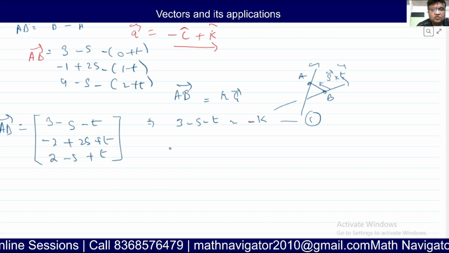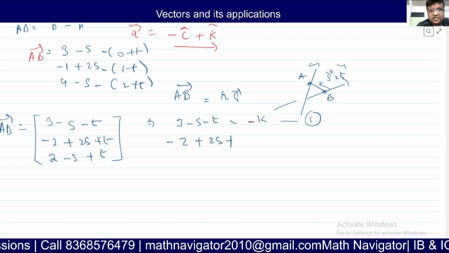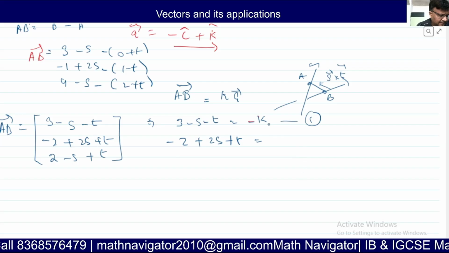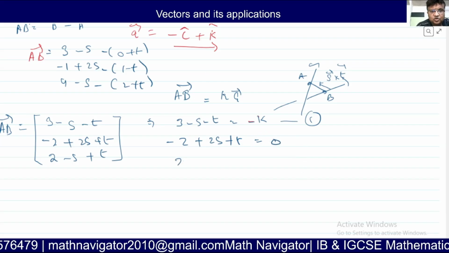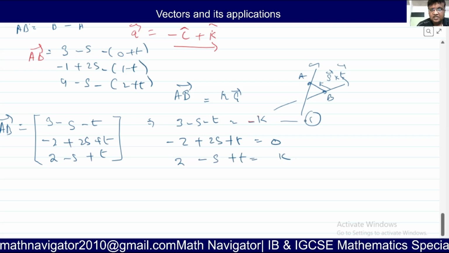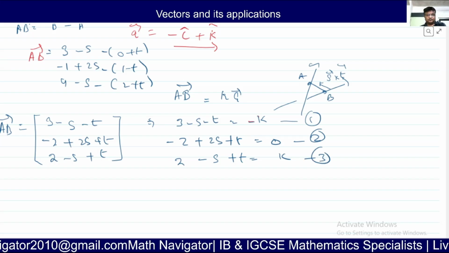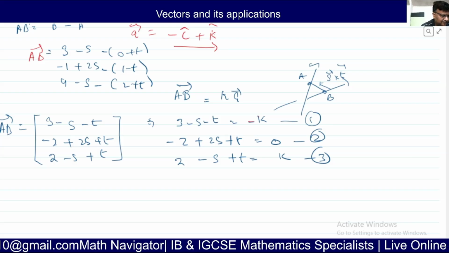And then you have minus 2 plus 2s plus t is equal to 0, because j is 0. And then you have 2 minus s plus t is equal to k. So these are three simultaneous equations in three variables. Right, got it.